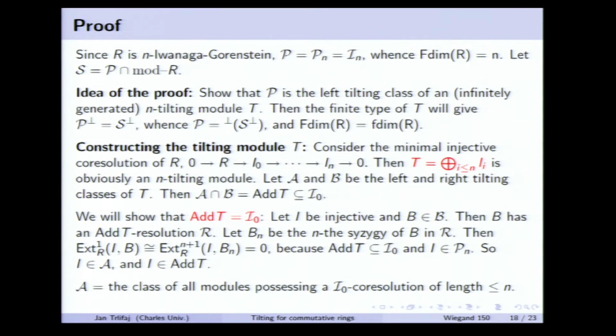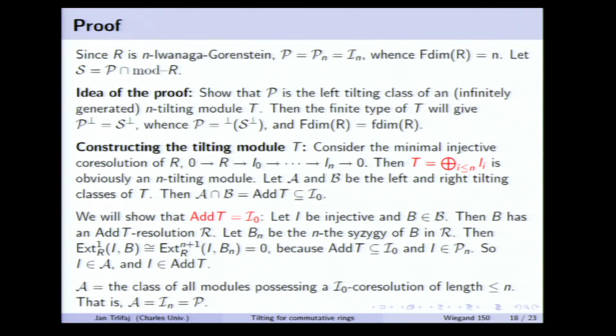And now the finish is very easy. So you know that A is the class of all modules which have bounded co-resolution by the modules in the class RT, by this general lemma. And these are exactly the modules of injective dimension at most n.